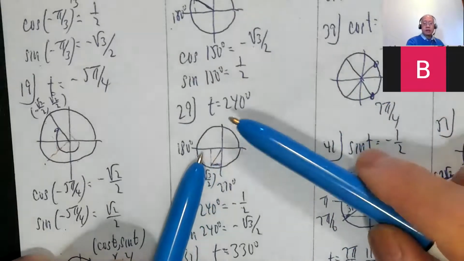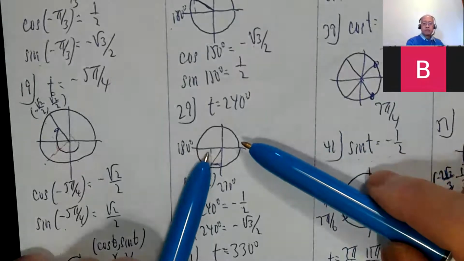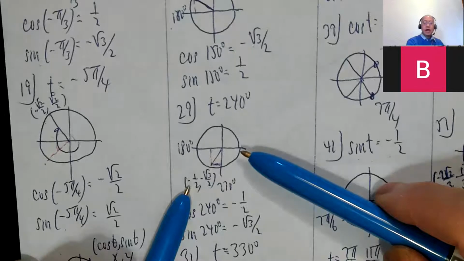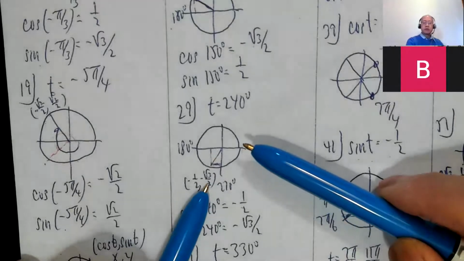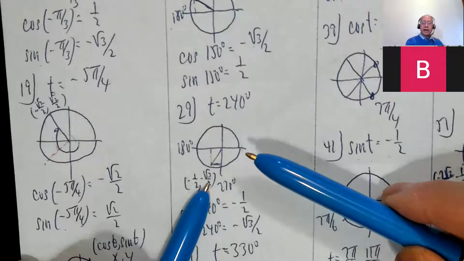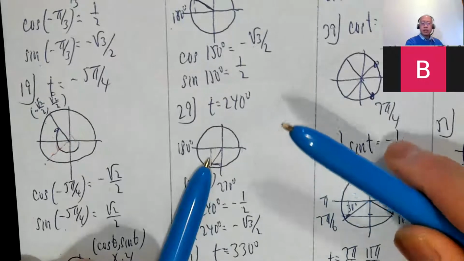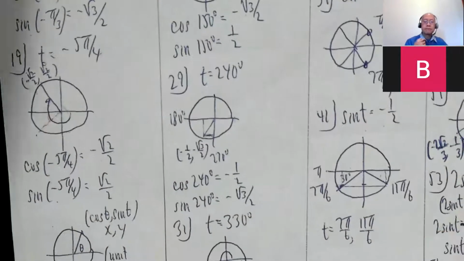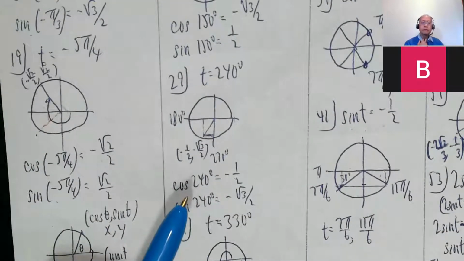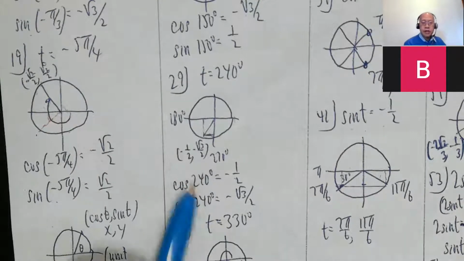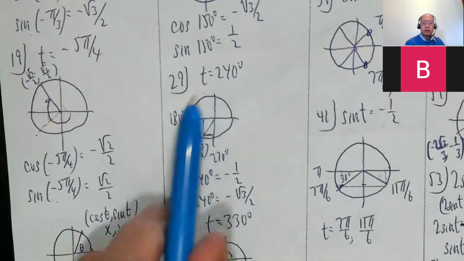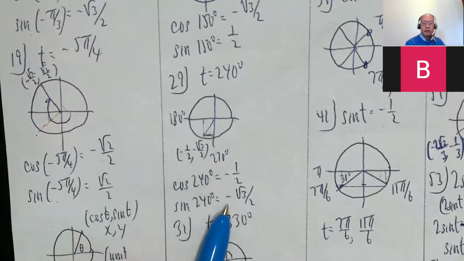You should generally be able to tell which is more likely to be halfway across. So for the X coordinate, I'm putting a half. Half is automatically paired with radical 3 over 2. And then correct signs, I'm in quadrant 3. Quadrant 3, both X and Y are negative. And there we go. Cosine, 240 degrees, X coordinate, negative half. Sine 240 degrees, Y coordinate, negative radical 3 over 2.